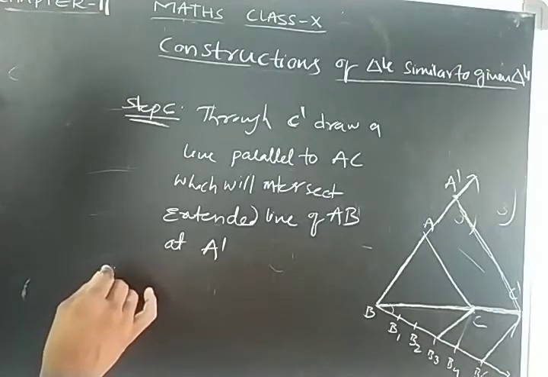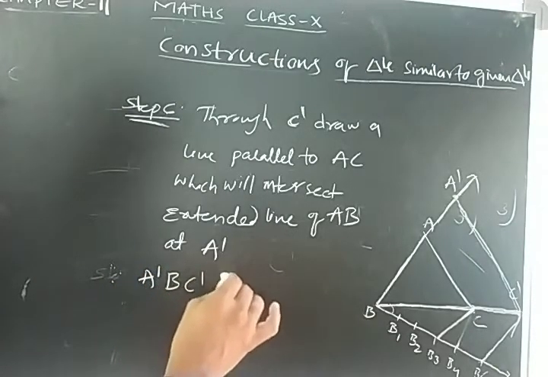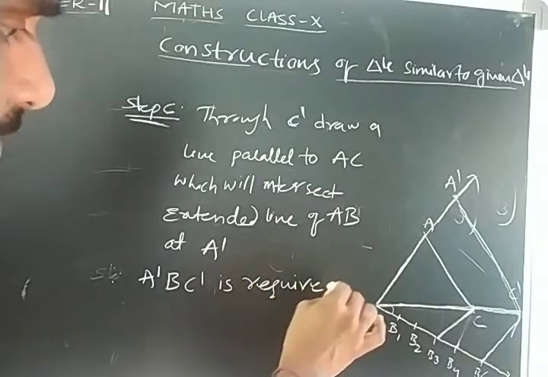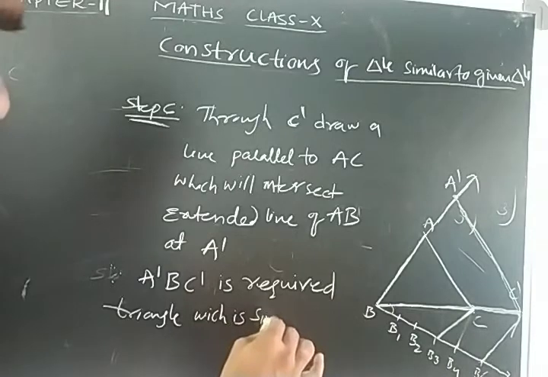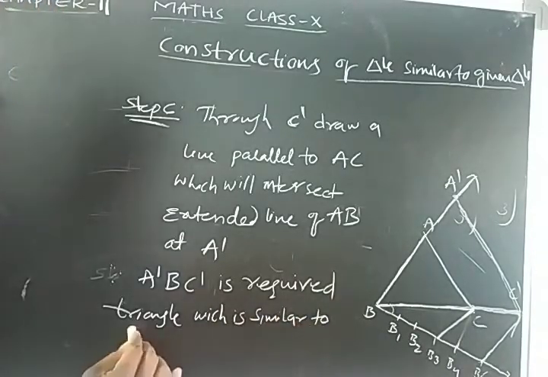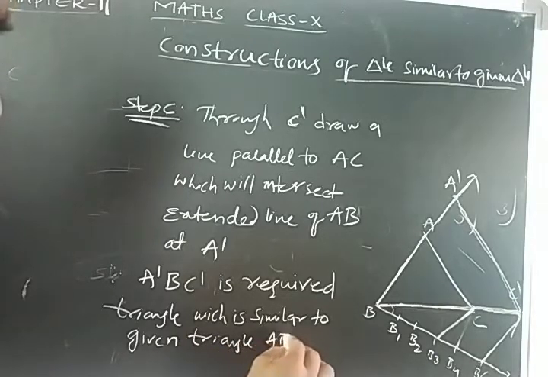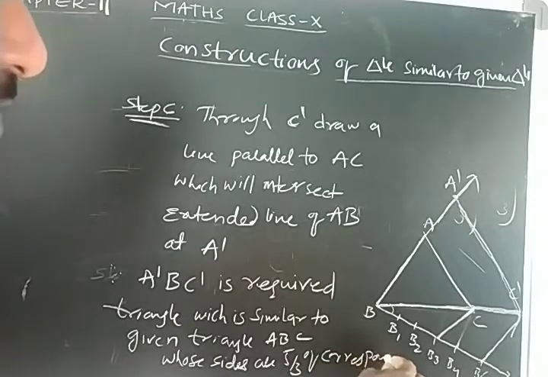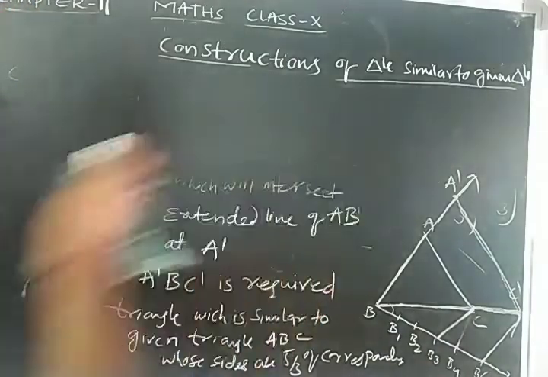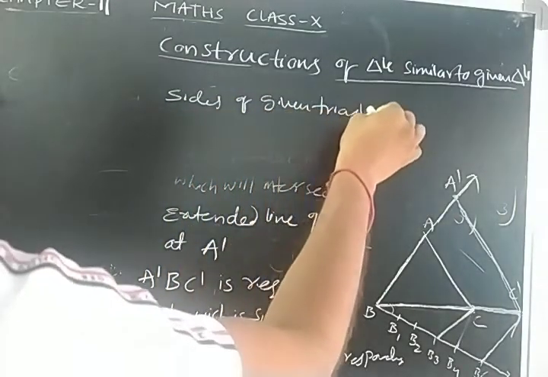Therefore A dash B C dash is the required triangle which is similar to the given triangle ABC, whose sides are 5/3 of the corresponding sides of the given triangle.